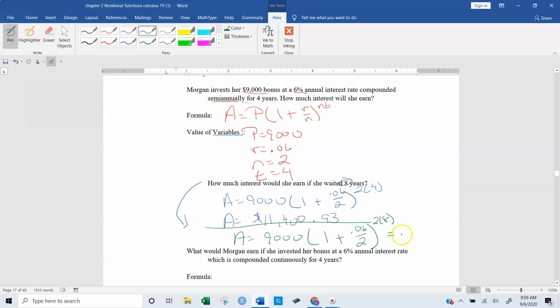When you put that in your calculator, you should get $14,442.36. If you've noticed, there's not a ton of difference between semi-annually and compounded continuously. Roughly $40, right? But it's still my $40 and not their $40, which is what we like.